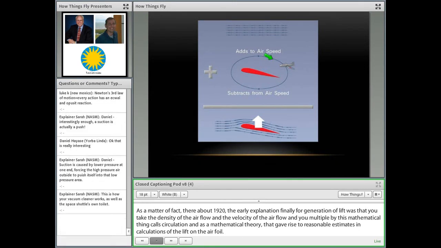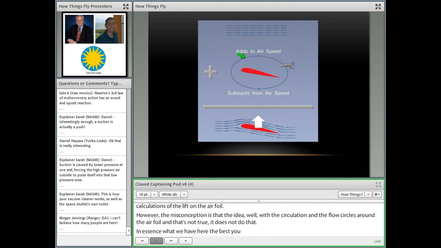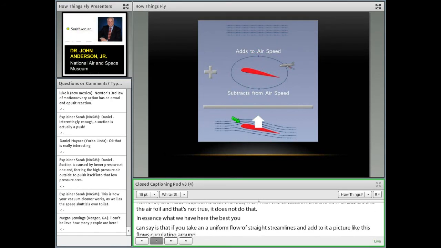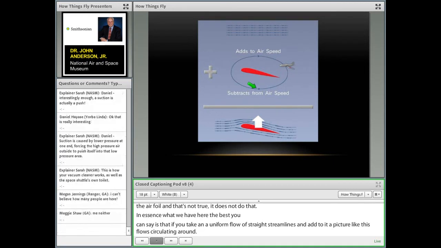In essence, the best you can say is that if you take a uniform flow, straight streamlines, and add to it conceptually a picture like this, flow circulating around, up here at the top it adds velocity to the flow and speeds up the flow over the surface. Down on the bottom part of this circulation, the flow is going in the opposite direction, from right to left.